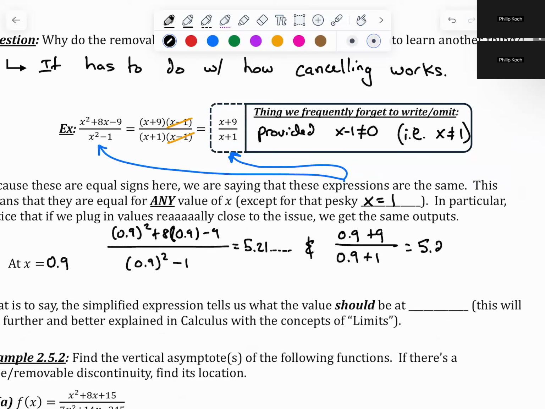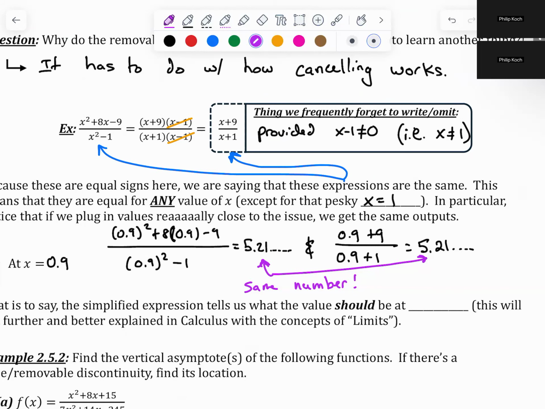Guess what? It equals the exact same thing. Same number. So these two expressions are equal to each other for everything except for one. One is the problem. Because as soon as I plug in 1 in the left-hand side, I get 0 over 0, which doesn't exist. It's indeterminate. But if I plug it into the other one, I do get a value.